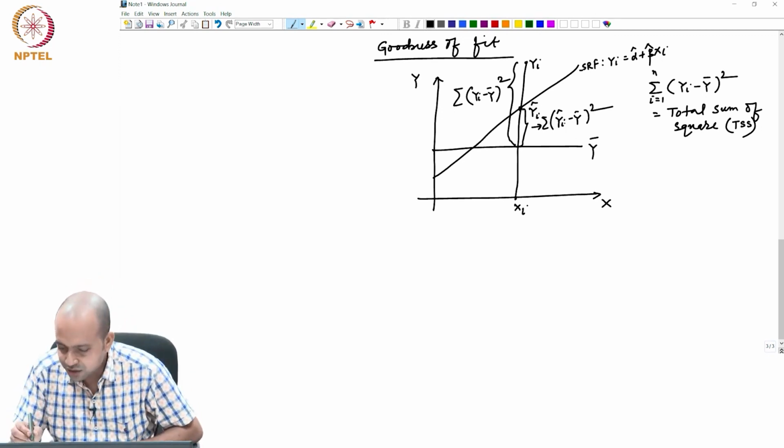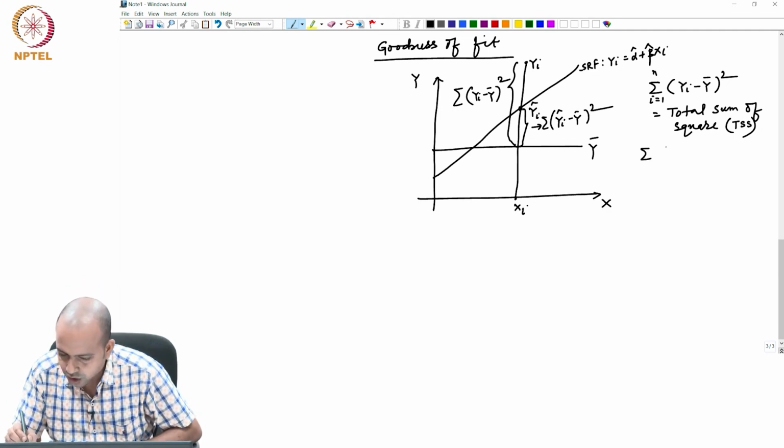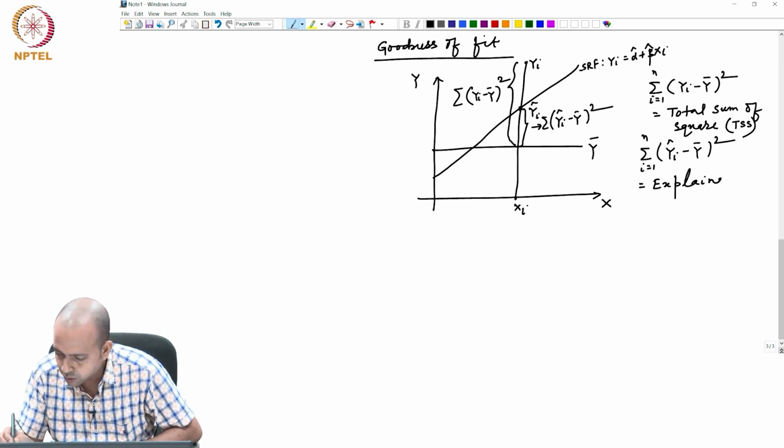So, summation yi hat minus y bar whole square, i running from 1 to n, is called explained sum of square, because that is what you have explained, explained sum of square or ESS.